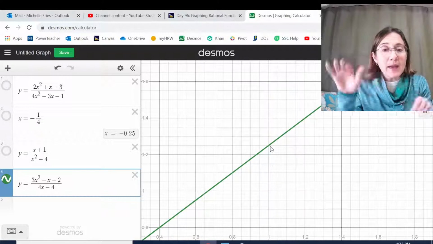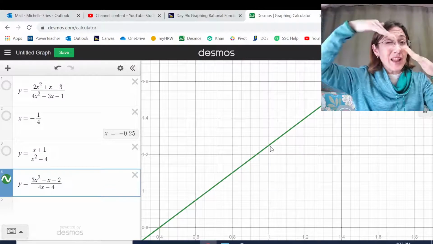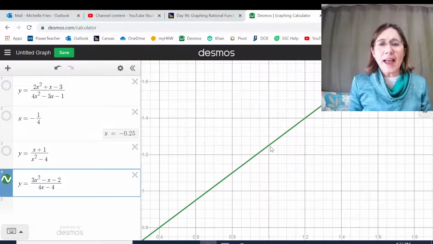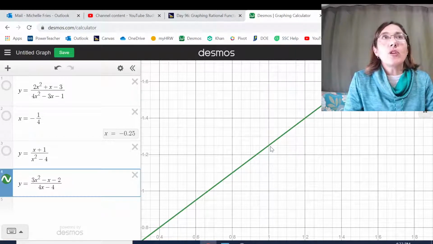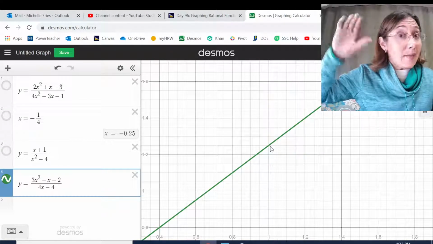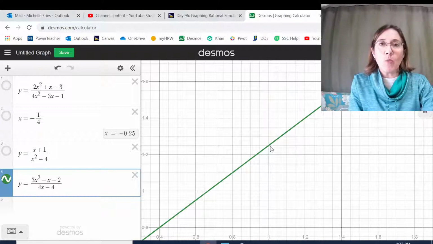It doesn't show up as you're trying to zoom in because it gets really close, really close, but there's actually a hole there. Okay, so we want to look at why does that one have a hole instead of an asymptote? That's so weird. But when you look at the factors, and this time look at the factors in the numerator and denominator and see if you notice anything, maybe that will help you see why there's a hole on that.